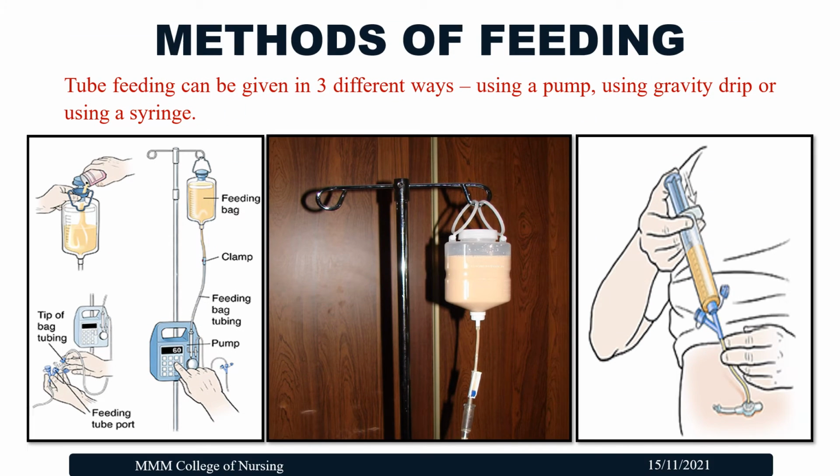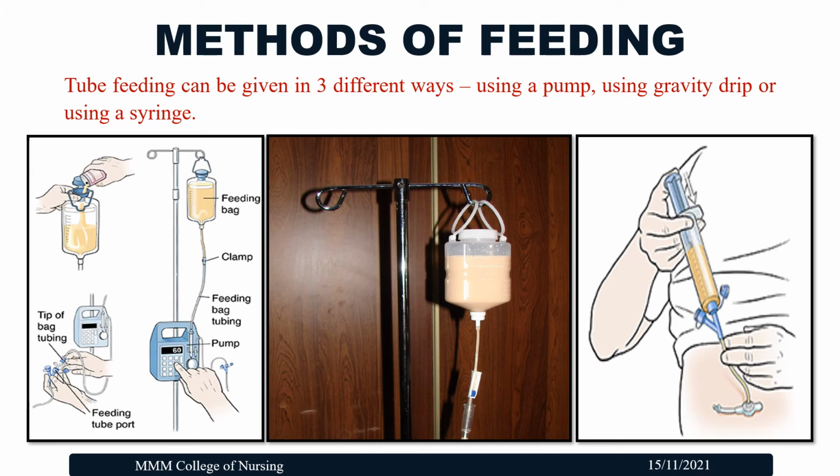Tube feeding can be given in 3 different ways: using a pump, gravity drip, or syringe. The first picture shows the use of an infusion pump. This is used for continuous or intermittent feeds where the formula is given without stopping over 8 to 24 hours.